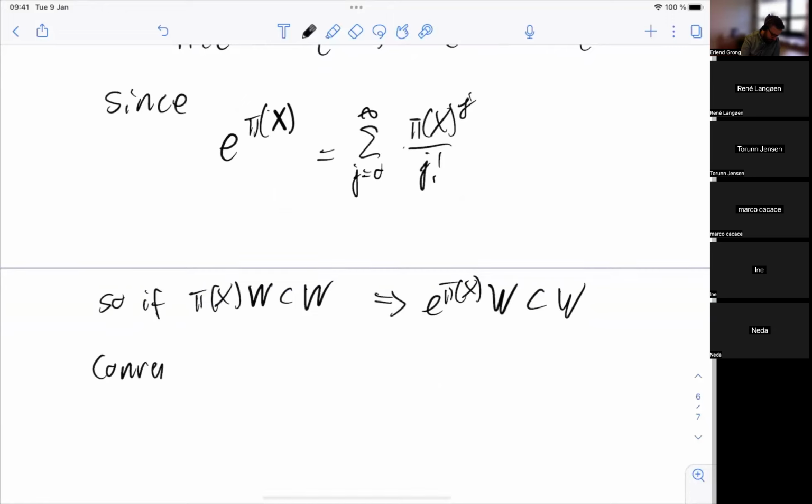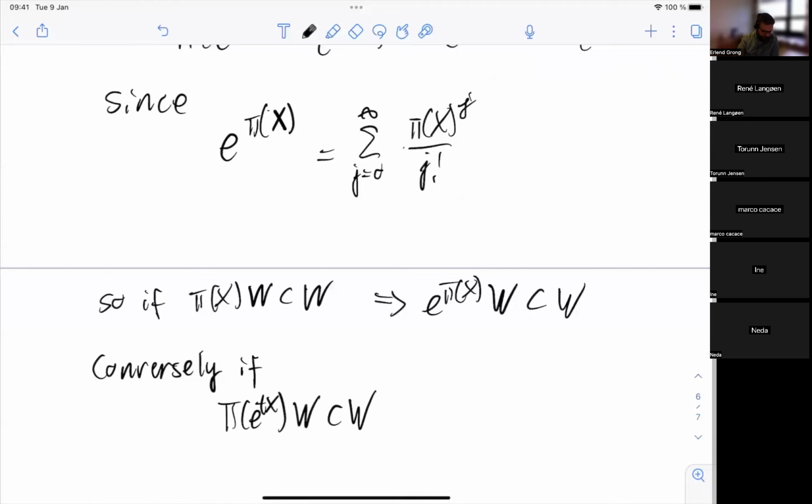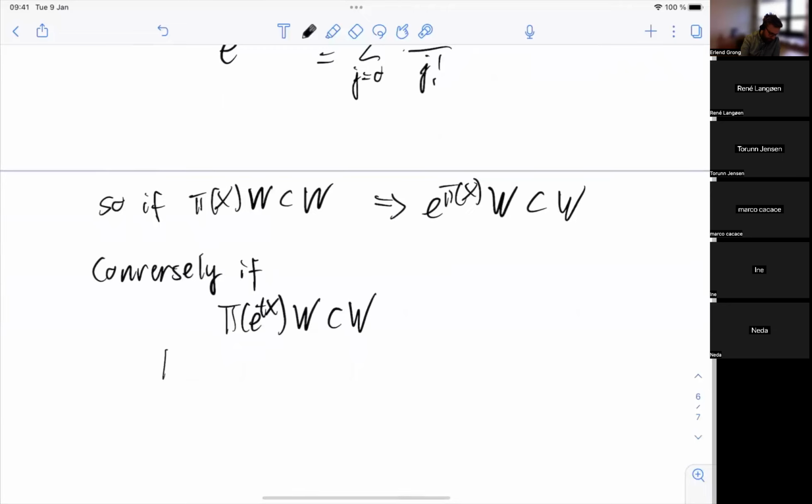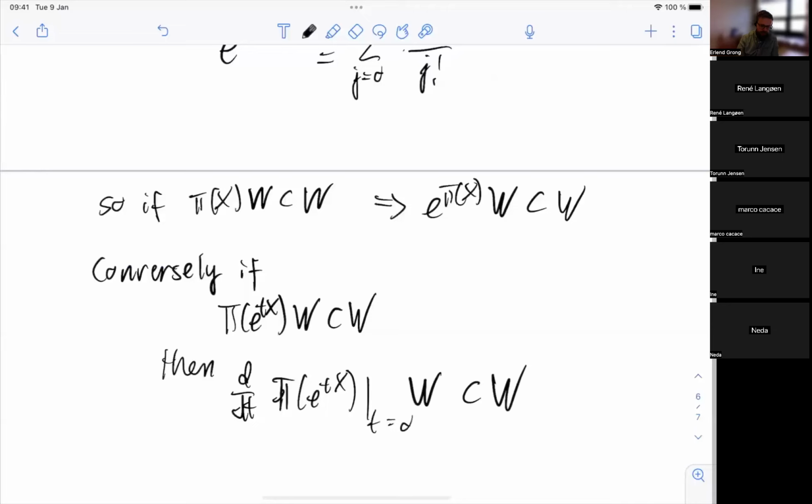And then conversely, if large pi sends e to the tx from w into w, then d/dt of pi of e to the tx at t equal to 0, applied to w, will also be inside w.